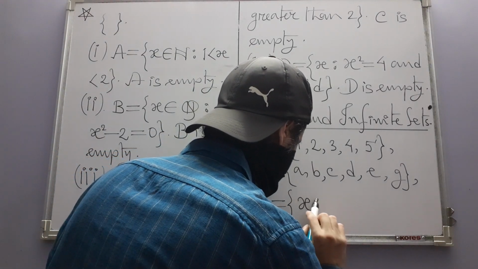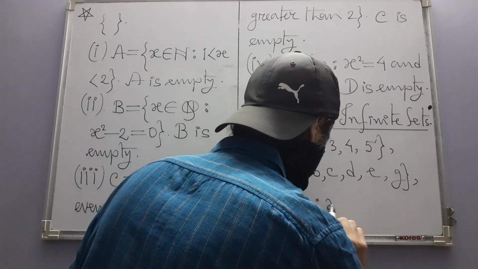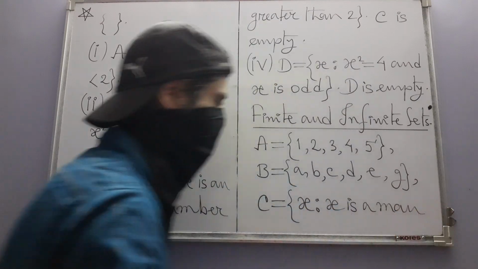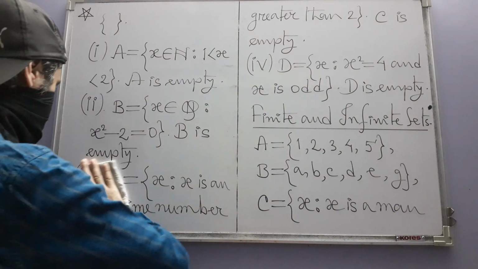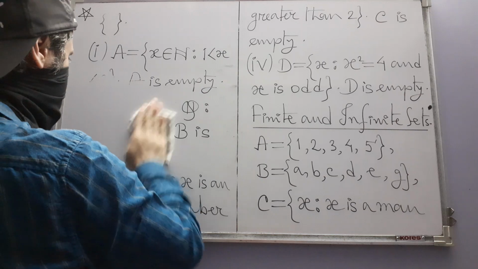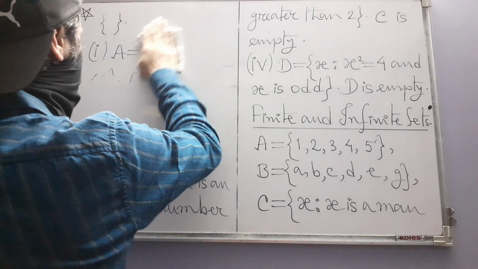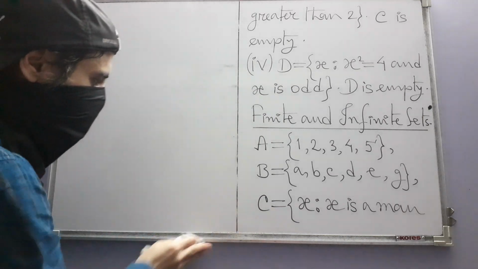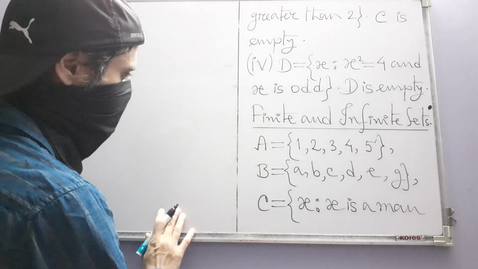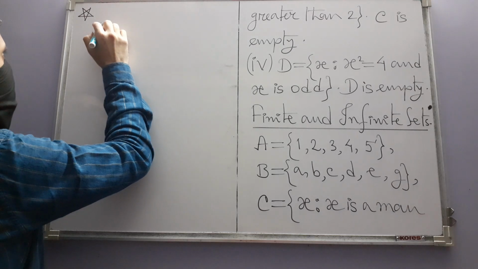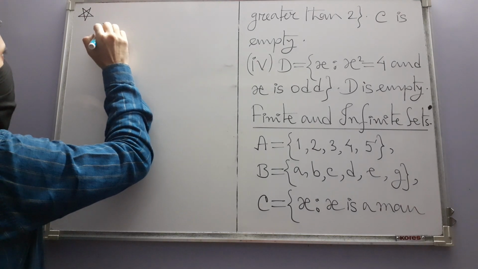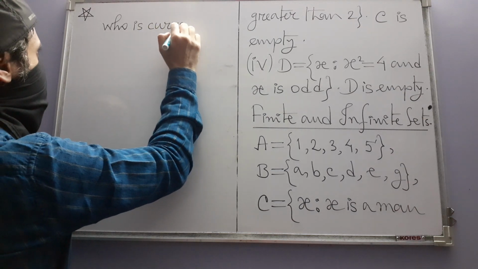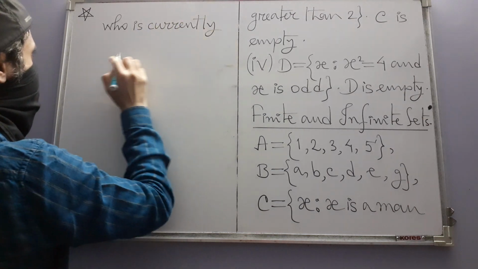C is the set of all x such that X is a man such that X is a man who is currently alive.